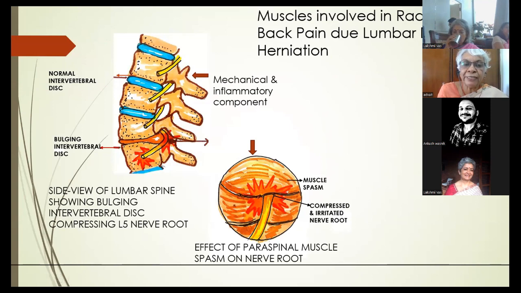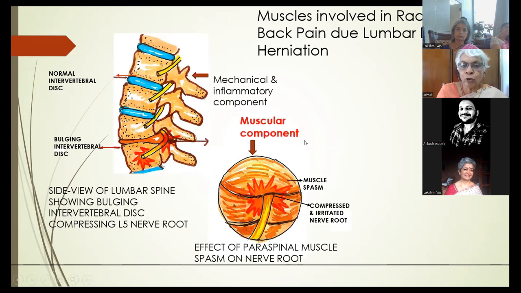The inflammatory component is because the disc material, that is the nucleus pulposus, has a substance called phospholipase A. When it is released, it elicits an inflammatory reaction. So there is a lot of edema also. So it is the mechanical and the inflammatory components that are impinging on the nerve root. And that is the rationale of giving steroids because it is an anti-inflammatory. You cannot do anything about the mechanical component, but you can treat the inflammatory component by giving a steroid.